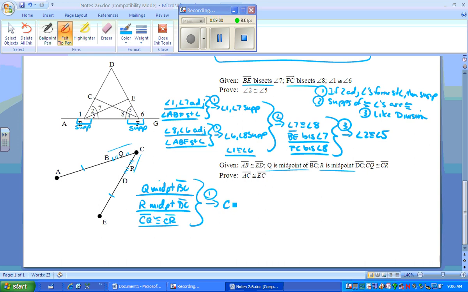So because we want something bigger, that means we're going to be using our like multiples. Now that we know that this piece and this piece are congruent, let's use our last given right here, that AB is congruent to ED. Underline it because it's given. These two added together from yesterday's work, we can say AC is congruent to EC.